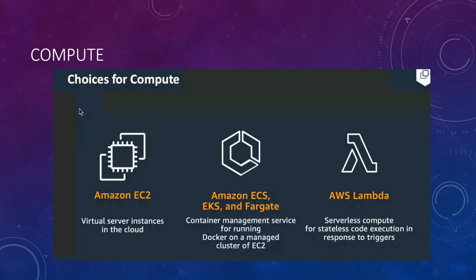Then the second thing is Amazon ECS, EKS, and Fargate. I hate these names because they are not intuitive. ECS is Elastic Container Service. Again, it's elastic because it moves up and down according to need and demand. A container is basically any small piece of code wrapped up in itself in a little tiny object called a container. There are lots of ways of doing that, but the most famous way is Docker.